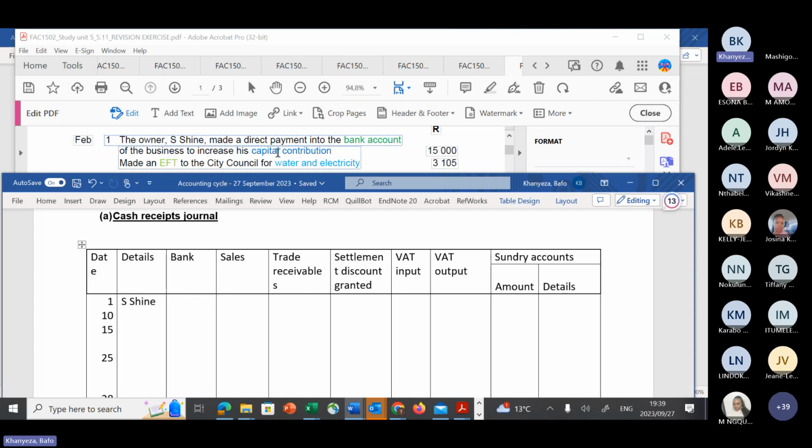Here they say direct payment to the bank, so this is a cash transaction. We write this 15,000. Do we have a column for capital here on top? No, so we will write it in the sundry account.